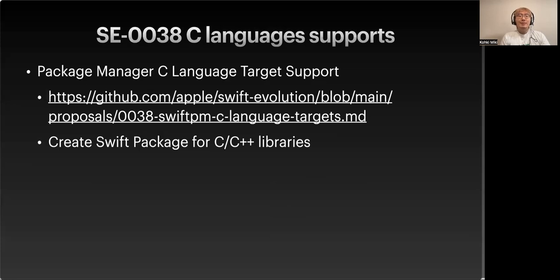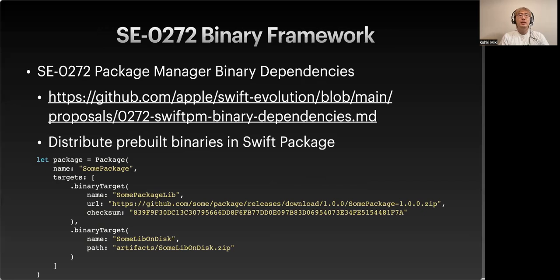Currently, we can build most libraries written in C or C++ with SwiftPM. Since Swift 5.3, SwiftPM supports binary frameworks. This feature allows us to treat distributed binary frameworks as Swift packages.